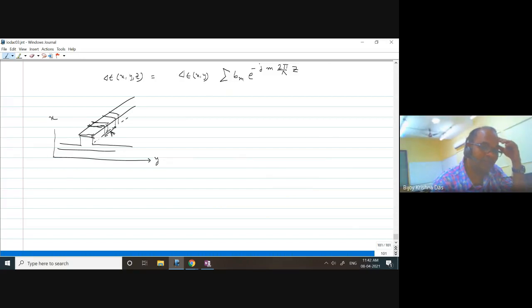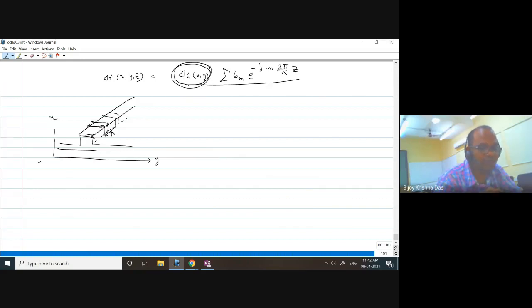This periodic modulation you can express by Fourier decomposition, a Fourier expansion, only in the z direction. Whatever modulation is there in xy, how much x region is etched or reduced, or y direction is etched or removed, can be represented by this profile.